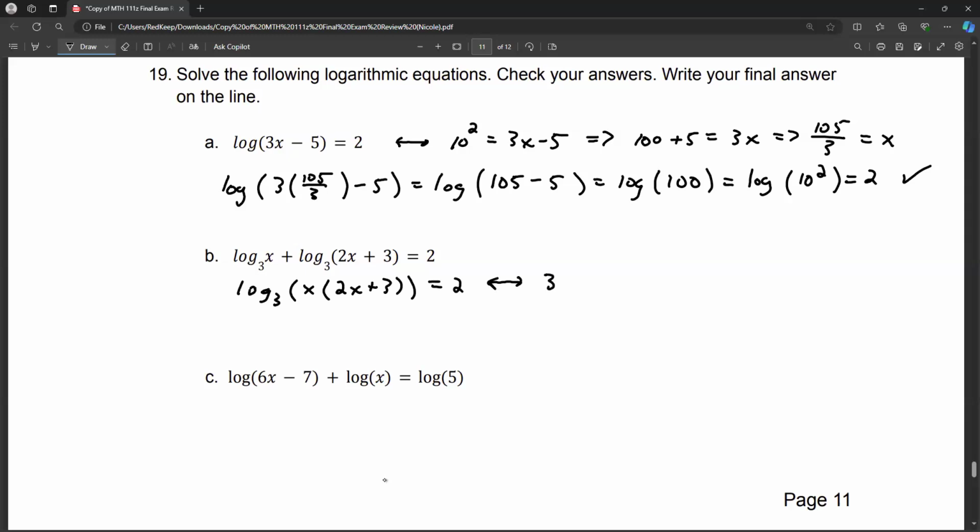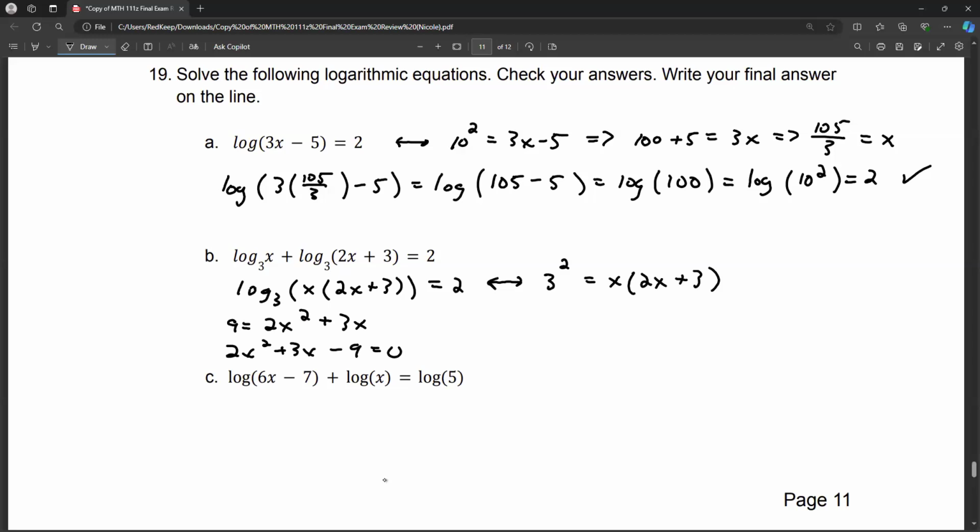So it would be 3 as our base raised to the 2 is equal to x times 2x plus 3. Just like that. Now I have access to the x and I can solve. And so here, I'll have 9 is equal to 2x squared plus 3x, just doing a little bit of simplifying in the process, multiplying that x into the parentheses. And then subtracting 9 from both sides, this implies that 2x squared plus 3x minus 9 is equal to 0.